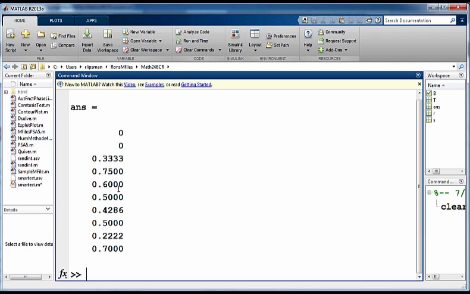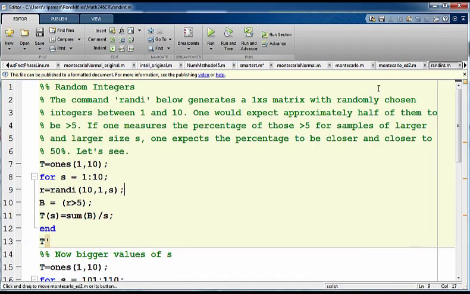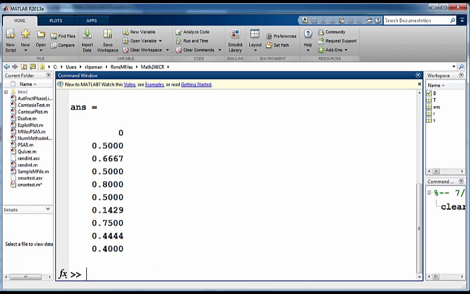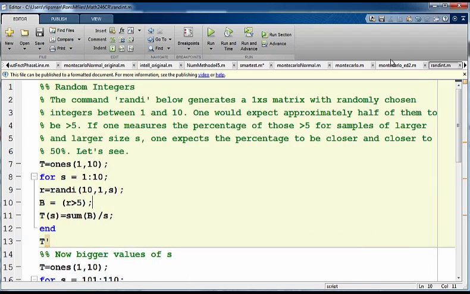Not so surprising given that s is a relatively small number. You should of course appreciate that if I run this again, I'm not going to get the same thing because it's a random number generator. Let's just illustrate, run it again. And this time we get somewhat different numbers. They spread around fairly far, because 10 is not a very big number. That's not a large enough sample space.